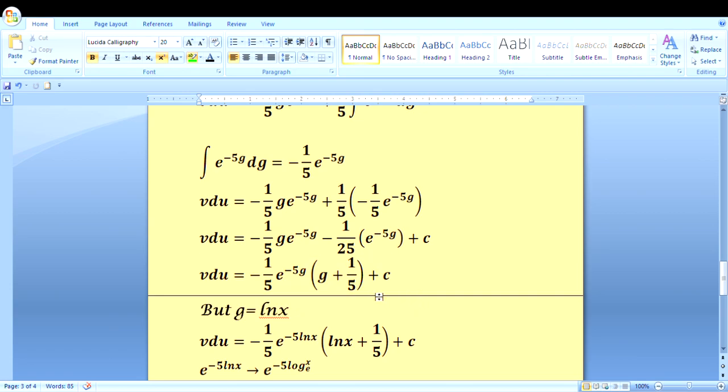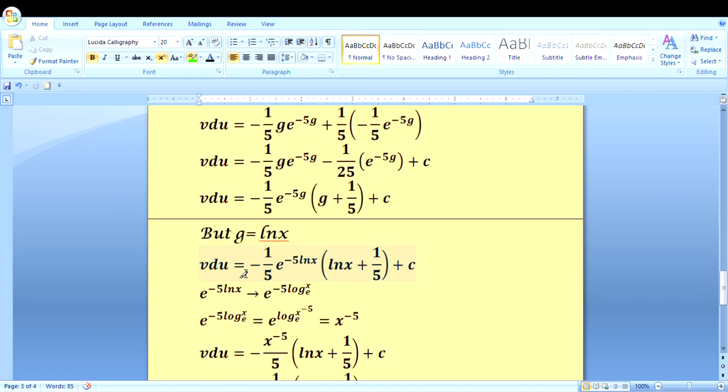So here, if you look at this, you see 1 over 5 here, minus 1 over 5 is a constant, so we can factor it out, and exponential minus 5g. So if you factor it out, what will be left in this part will just be g. So minus 1 over 5 exponential minus 5g open bracket g plus 1 over 5 close bracket plus an arbitrary constant.